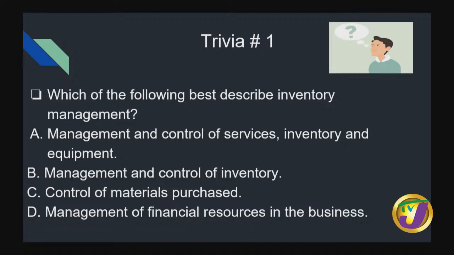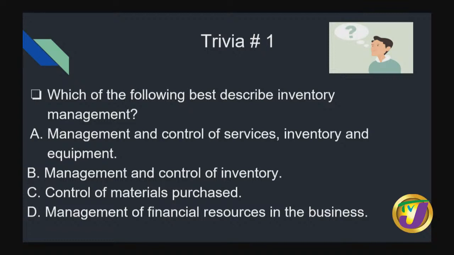A, management and control of services, inventory and equipment. B, management and control of inventory. C, control of materials purchased. And D, management of financial resources in the business. Which one is the answer? Let me see if you're following.